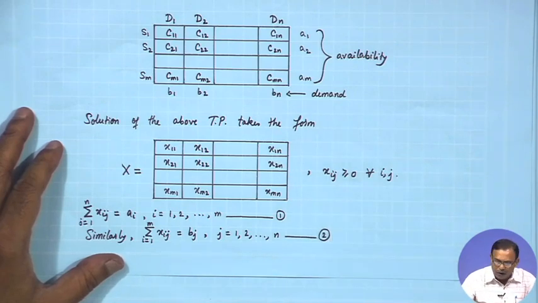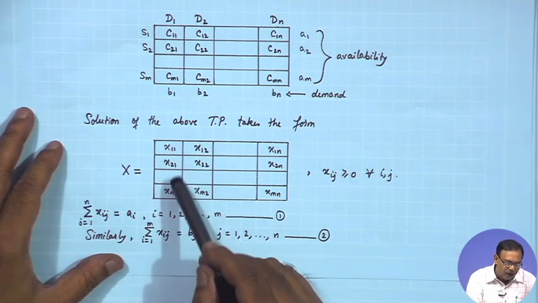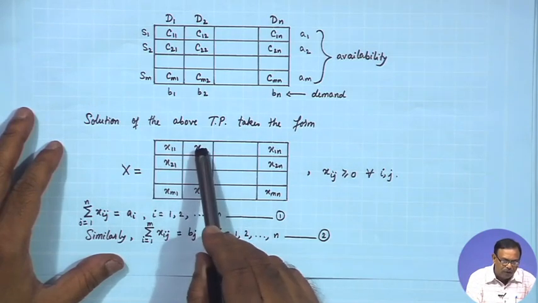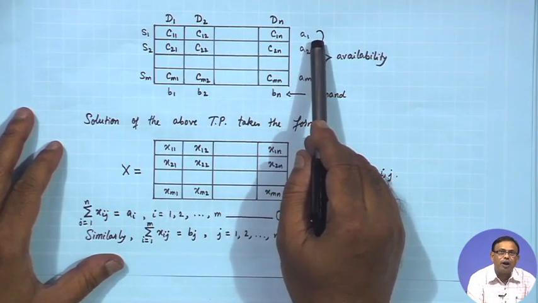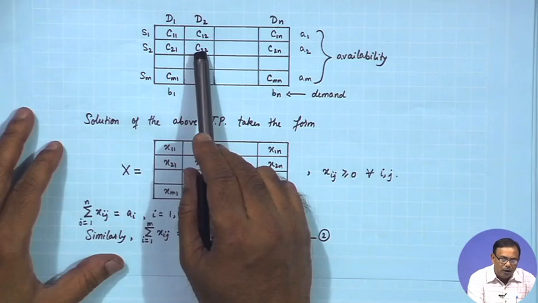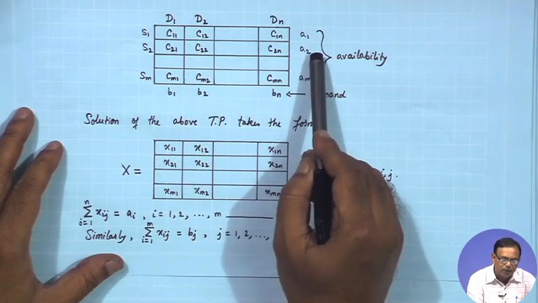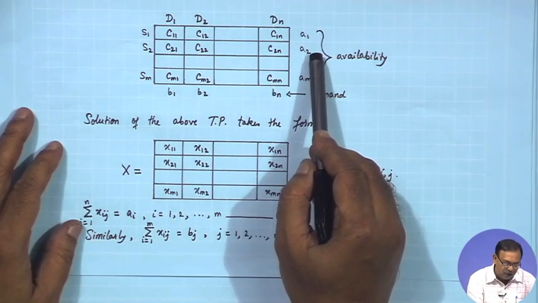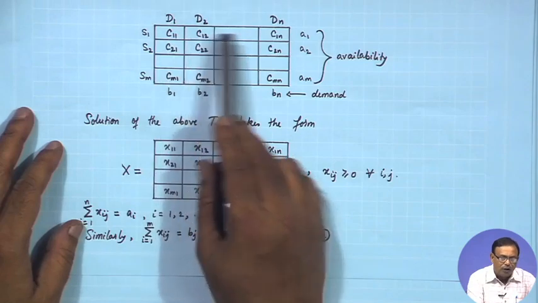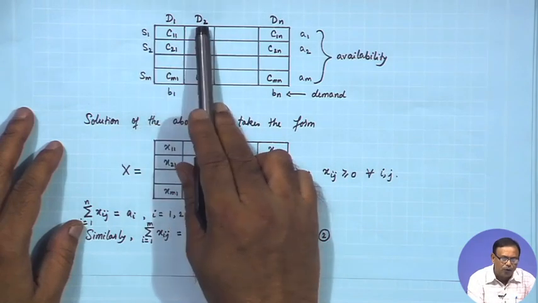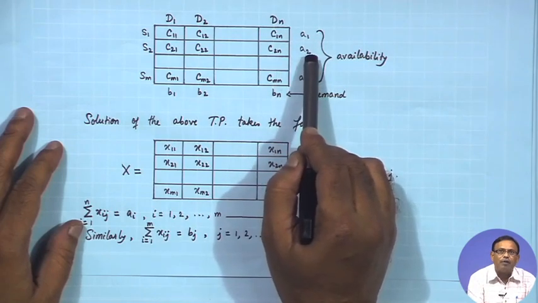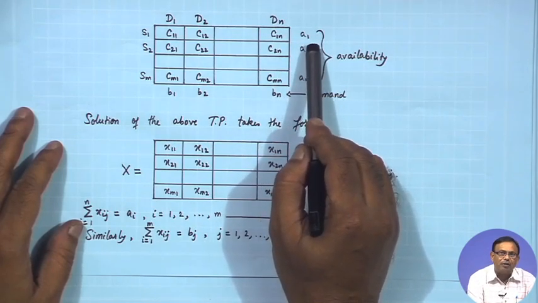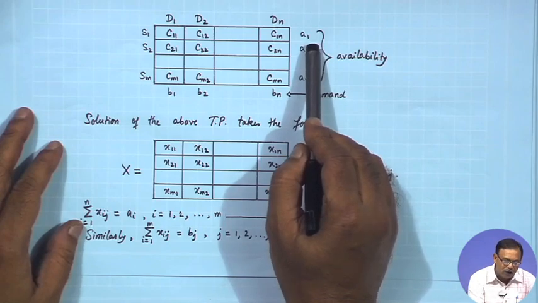From here one thing is quite clear: the sum of the elements of one row should be equal to A 1, the sum of the x i j's of the second row should be equal to A 2, and so on, because you are transporting from a source to these destinations, and that depends upon the availability; if the item is not available you cannot send it.